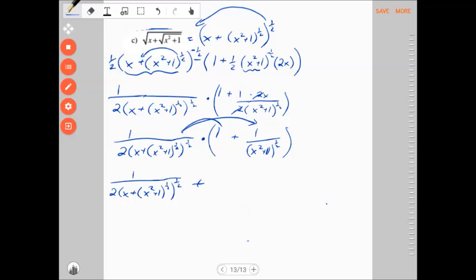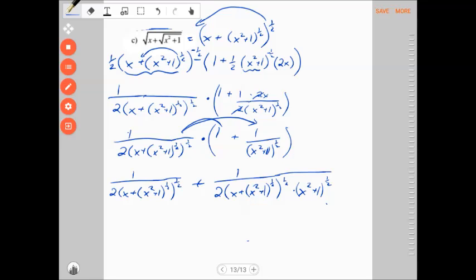And then plus, 1 times 1 is just 1, and then we're going to get 2x plus x squared plus 1 to the half times x squared plus 1 to the half.